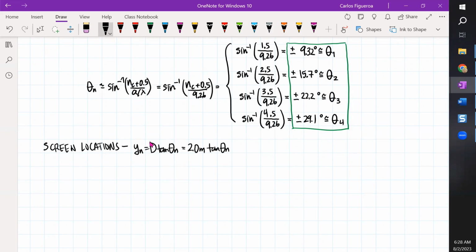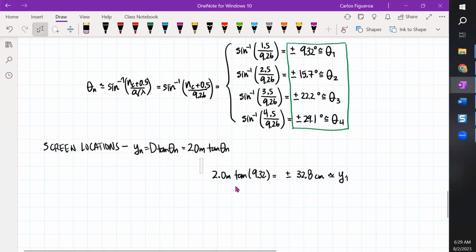Now I've just got to put these angles into this relationship. So this is going to be 2.0 meters times the tan of the angle we calculated above, and I'm going to get plus or minus. Putting this into centimeters, I'm going to get 32.8 centimeters. And that's going to be the approximate location of y1.